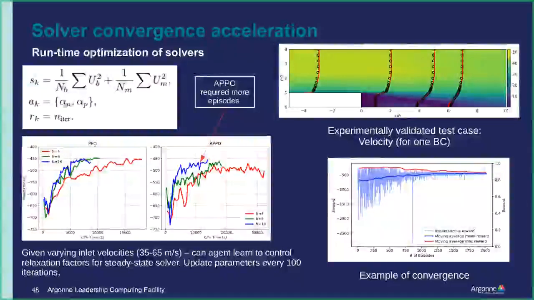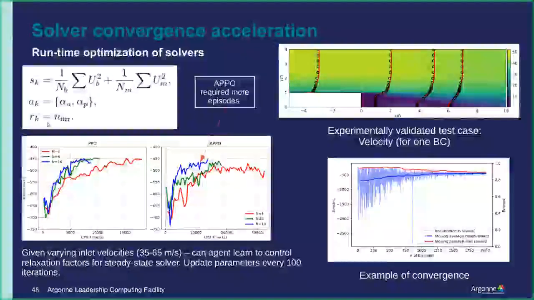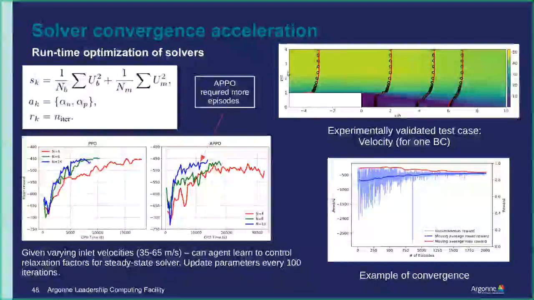What we did here was we wanted our agent to observe a particular state. Again, the state construction is something that you have to decide, and then tweak these convergence parameters, ideally dynamically. The goal is obviously to ensure that the number of iterations for convergence is the lowest. We do this for a variety of inlet boundary conditions and geometries to ensure that we can converge in the least amount of time.